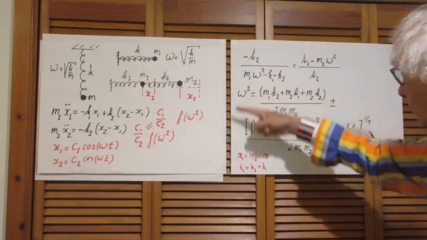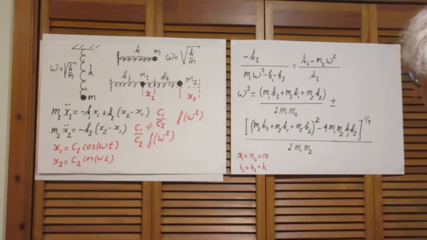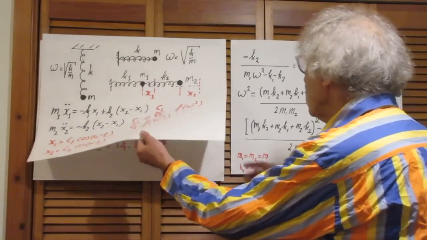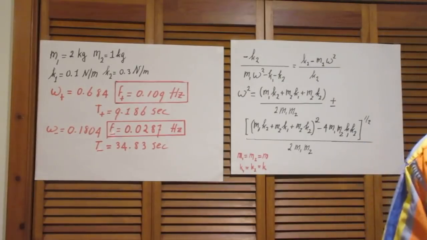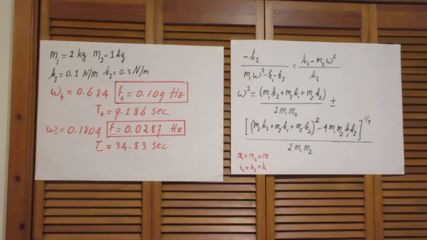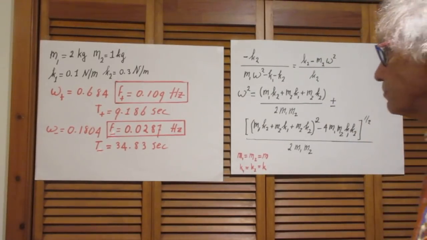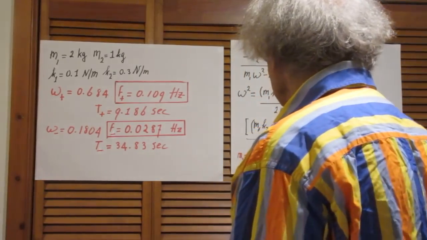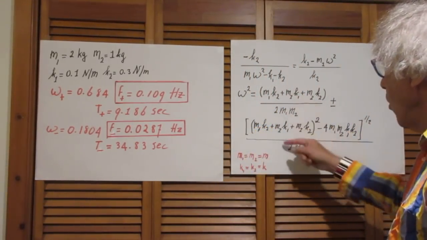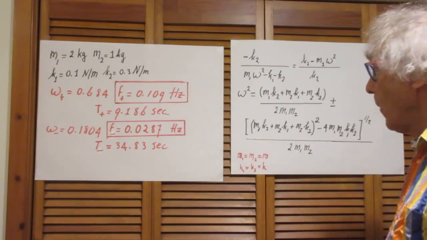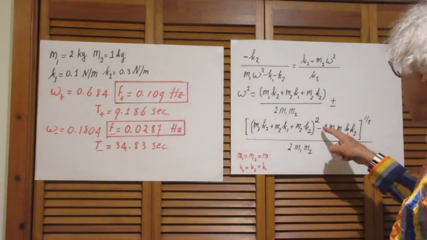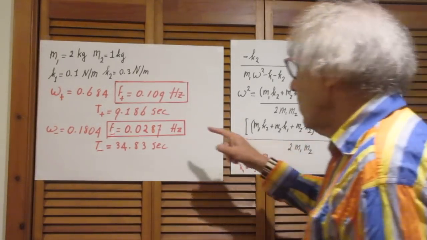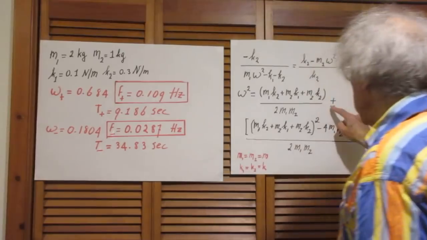So this had to be correct because of my consistency check, and so now it becomes trivial to finish it because we know the values for M1, M2, K1 and K2. So you find here omega squared, so you can calculate what omega is. The plus value here is of course when there is a plus here, and the minus frequency is of course when there is a minus here.